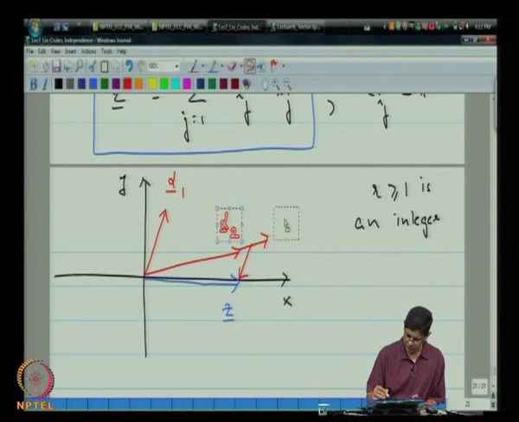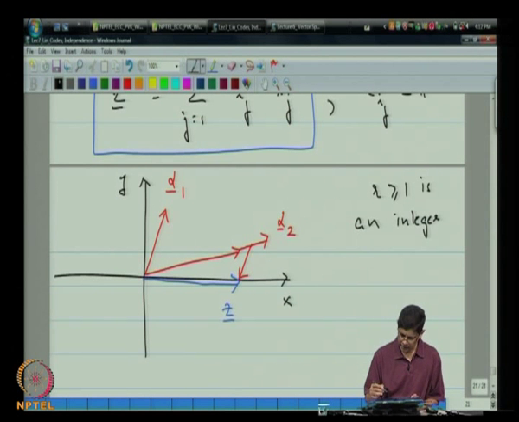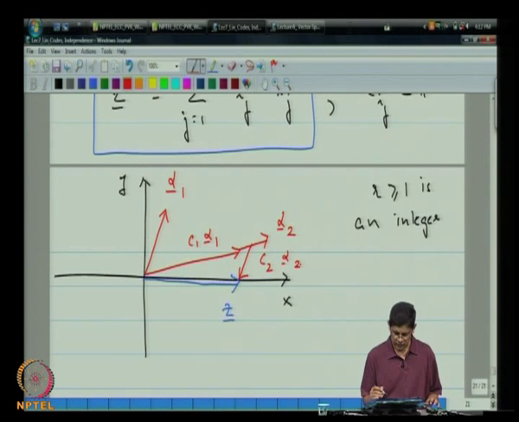Let us move this over here, okay. And so let us say that this vector here is C1 alpha 1, and this vector here was C2 alpha 2. So, that means by scaling the first vector and scaling the second and adding, you are able to recover z. Okay, so, this is what spanning means.